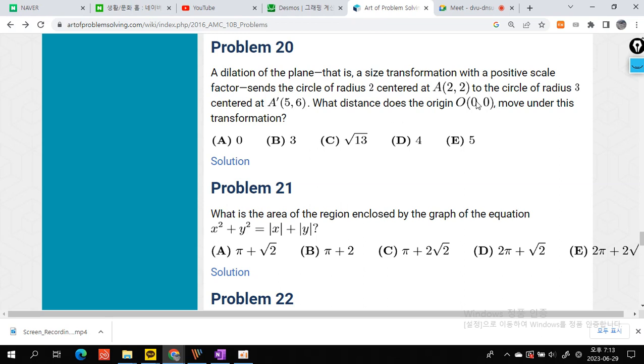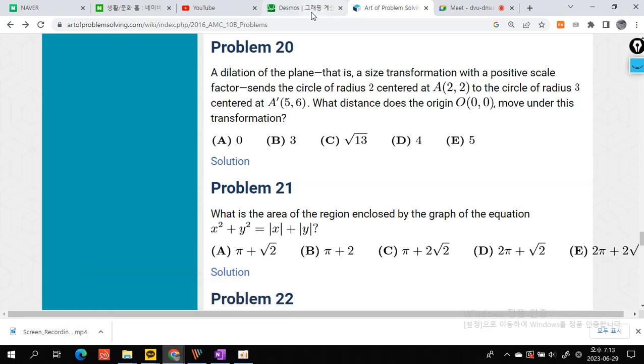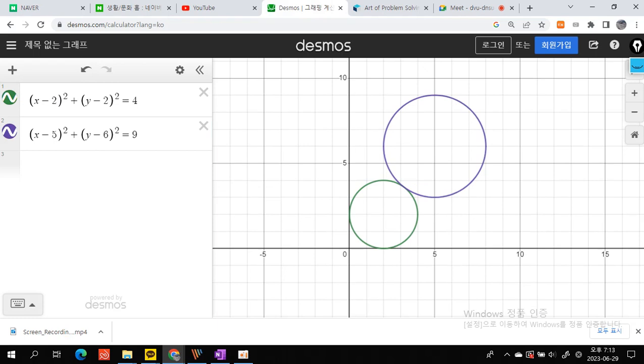the question is, the origin moves to which point, and what's the distance between the origin and the new point. So if we use this graph, the origin is here, so that means the dilation may move this origin to this point. Because when you think of these lines, they are both tangent to the circle.